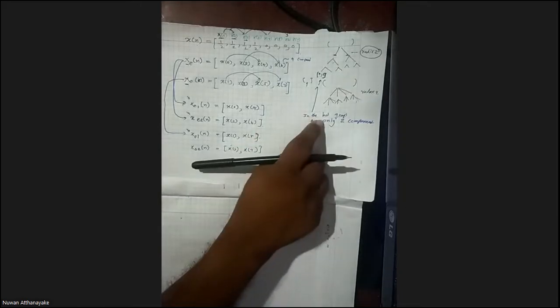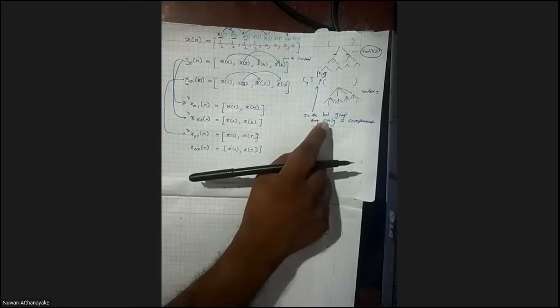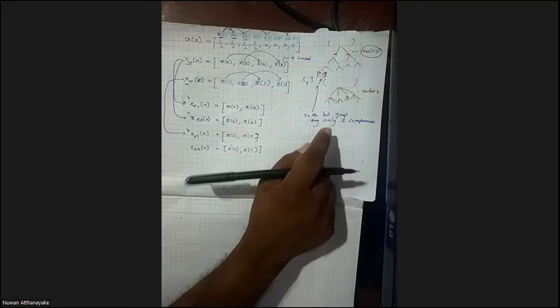I think it is better if you draw 8 parallel lines. If you are asked for a 4-point DFT, you have to draw 4 parallel lines. If you are asked to perform a 16-point DFT, you have to draw 16 parallel lines. Now we are asked to perform the 8-point DFT.